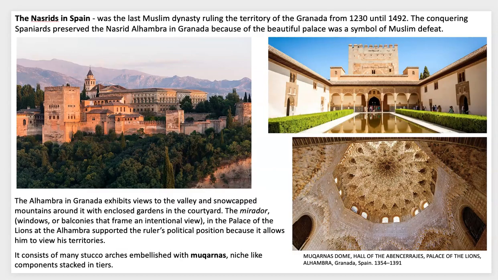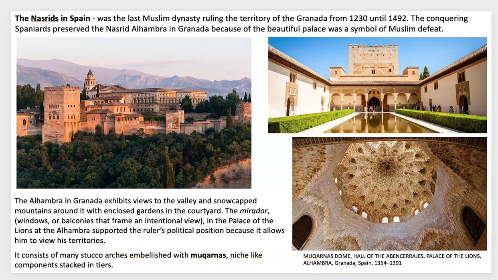So moving over to Spain, this was the last Muslim dynasty, the Nazarids in Spain. And here we're looking at the Alhambra, which is in Granada, and it's this gorgeous palace where the ruler would have these very specific territories to view from all of these different porchways, these arches that had these specific niches.